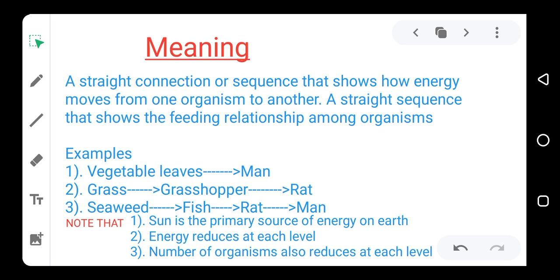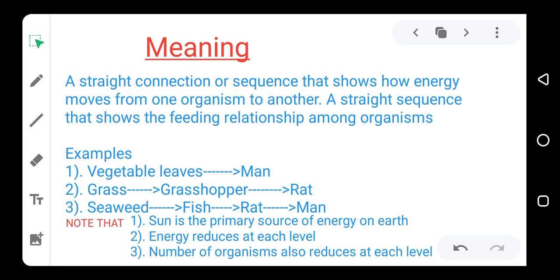We also notice that organisms reduce in number as we move from one food chain level to another. That is why we have more plants than animals, because animals are consumers, and producers, which are plants, have more energy than consumers. Even within the consumers, as they depend on each other, the energy is also reducing.